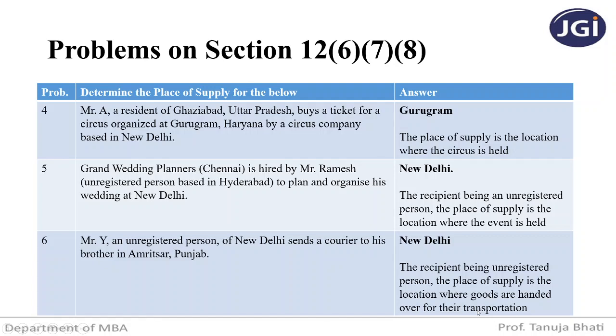See, if it is B2C, if the recipient is unregistered, it is going to be the place where the goods are handed over for their transportation. So from New Delhi, the courier has to be sent to Punjab. But to send that courier, he is handing it over to the courier service for transportation in New Delhi. So place of supply is New Delhi.